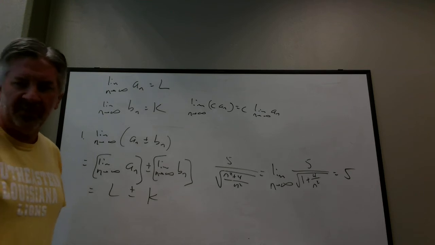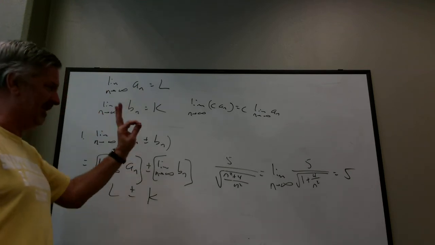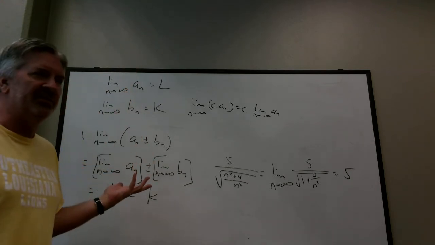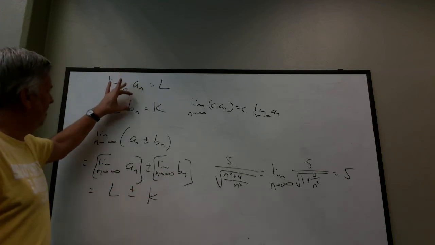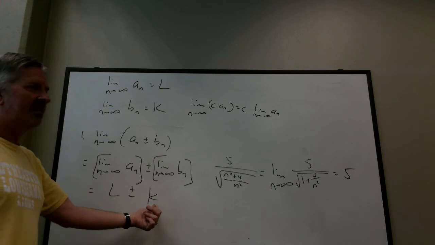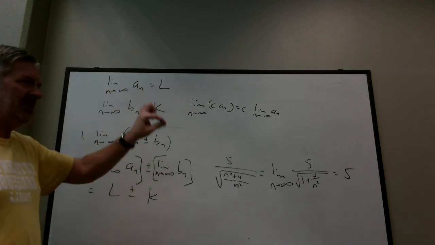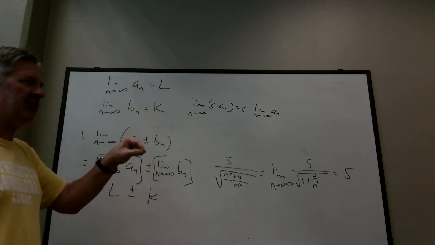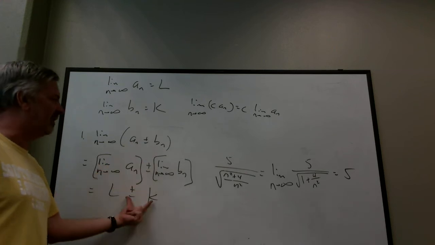But that's also coming from the theorem we did before, right? If the sequence is sitting on the function, the limits are the same. So if you just replace this with f of x and g of x, you got the same thing. If a sub n is matching your f of x and b sub n is matching your g of x, the theorem we did earlier says you're going to get the same answer.